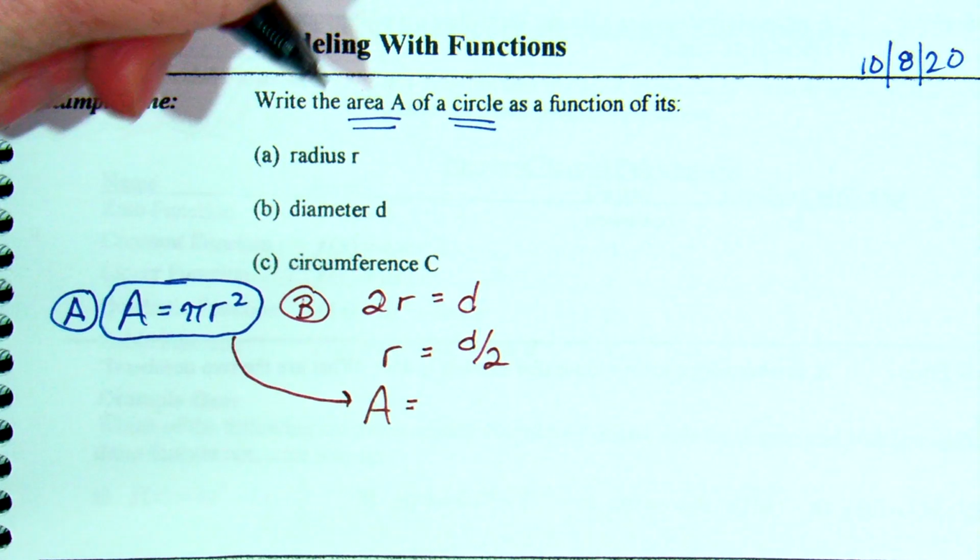Our formula was A equals pi r squared. What can I use for r? Half of diameter, or d over 2. Now, clean that up a little bit. What happens when you do d over 2 squared, quantity squared?